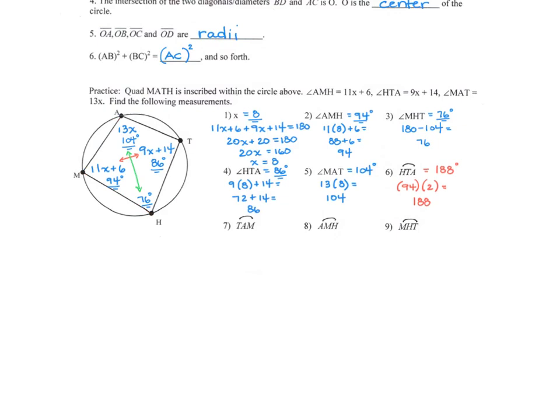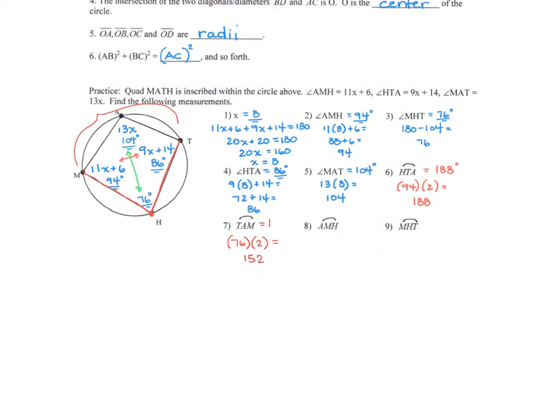Likewise, to find the measure of arc TAM, if we follow the endpoints of that arc back to the angle's vertex, I find out that the angle that intercepts arc TAM is angle THM, which is 76 degrees, multiplied by 2 because the vertex is on the circle, is 152.